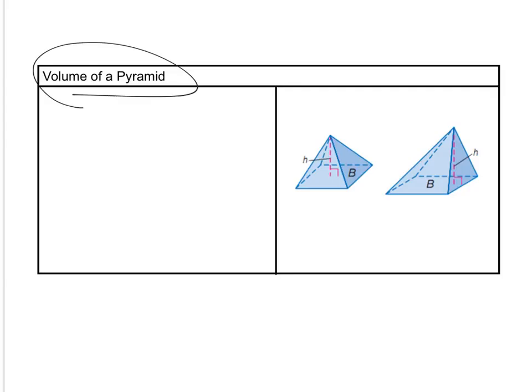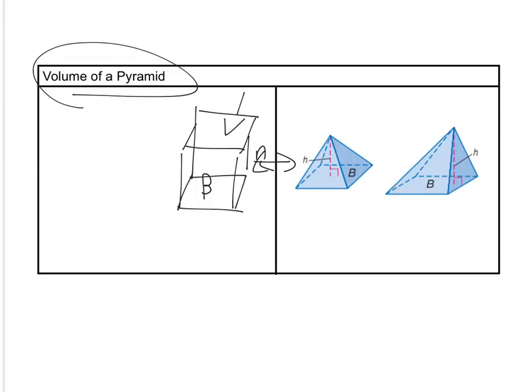So figuring out the volume of a pyramid is not too different than figuring out the volume of a prism, except a pyramid is going to hold less than a prism. So like these two have the same area base and the same height.